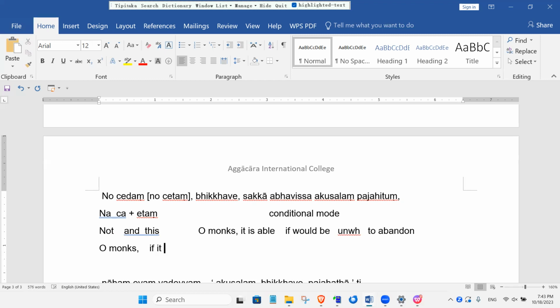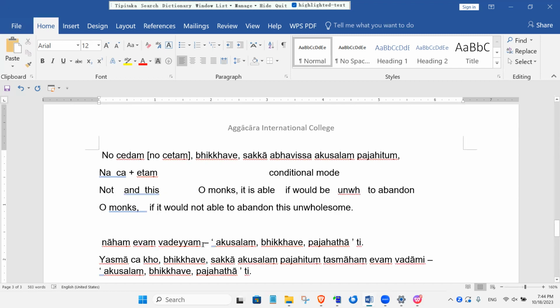If it is not able to abandon this unwholesome, it would not. They put the "not" here and then the "sakat" here, able. So if it would not be able to abandon this unwholesome.